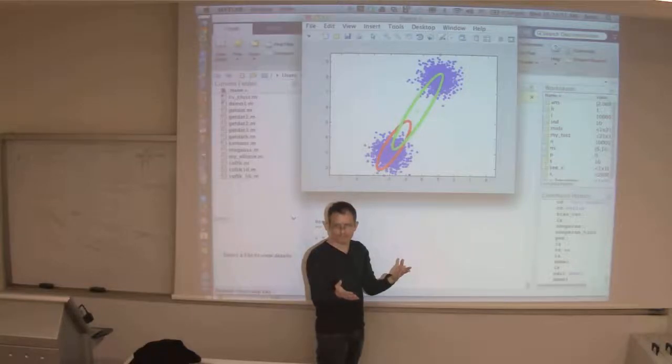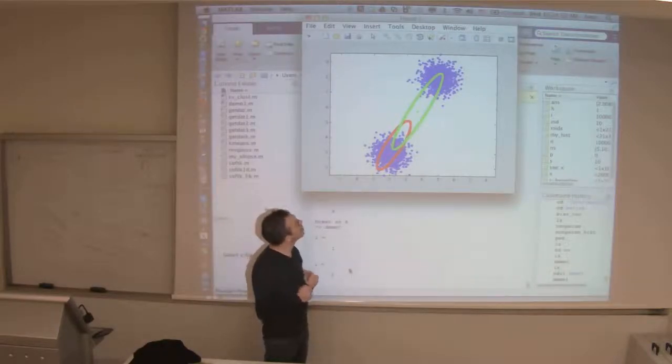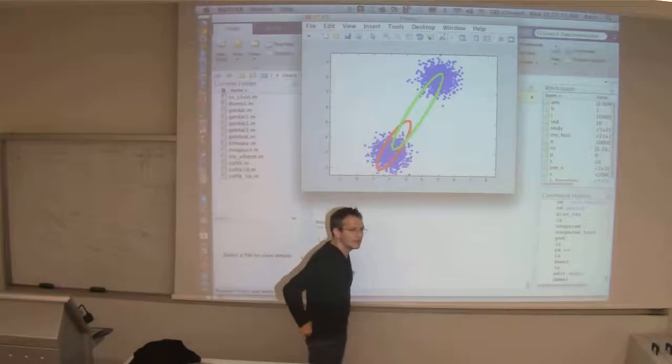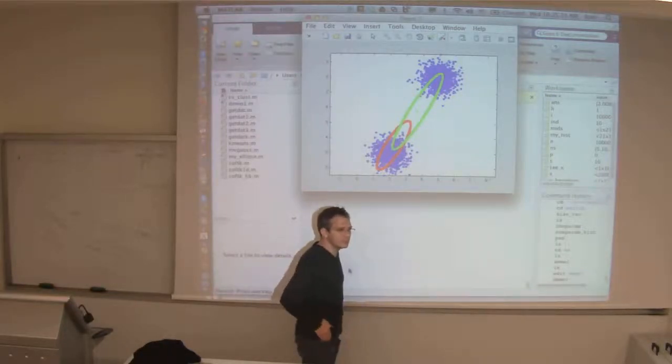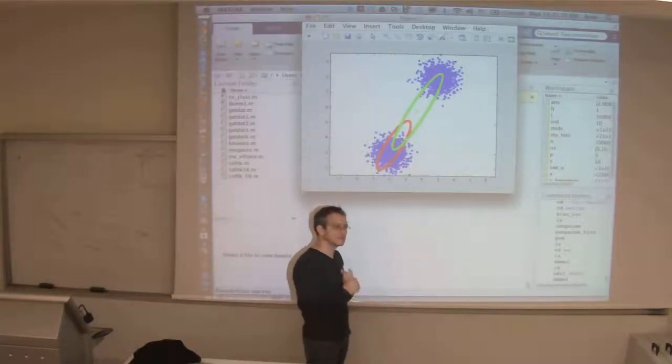No, at every iteration you look at all the points. For each point you calculate its two weights, and you use these weights to estimate a new mean for the green one and the red one. In the step where you calculate the weights for each point in each cluster, do you use the weights that each cluster has?